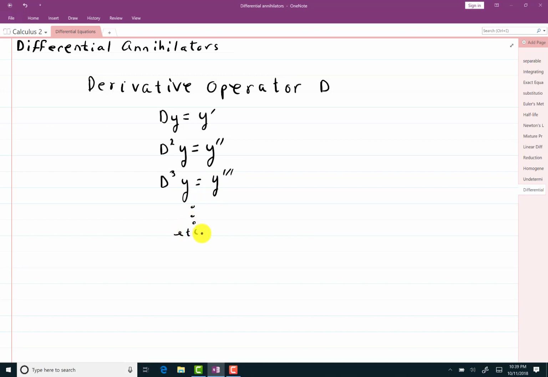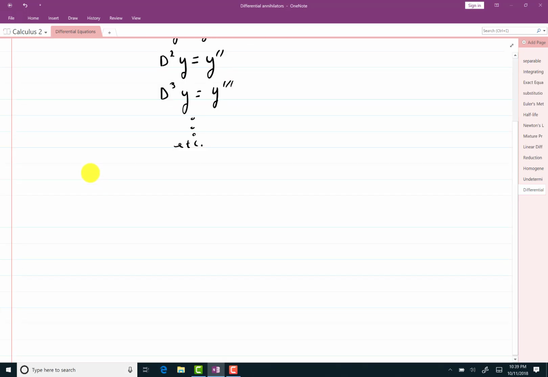So, for example, D of x equals 1, D squared of x will equal 0, D of cosine of x equals negative sine of x.